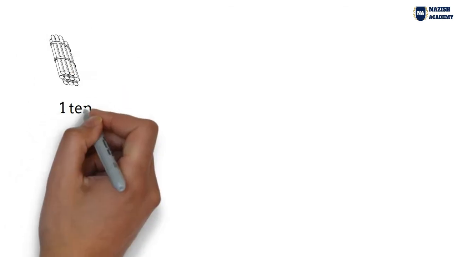Ten, 1, 2, 3, 4, 5, 6. 6 ones. Ten plus 6 ones is equal to 16.